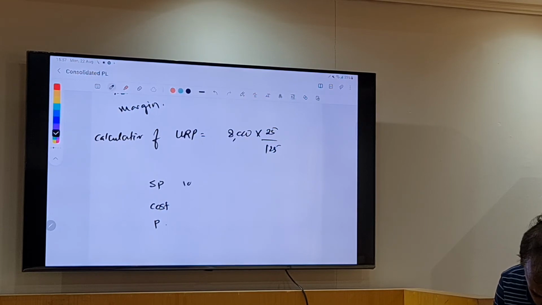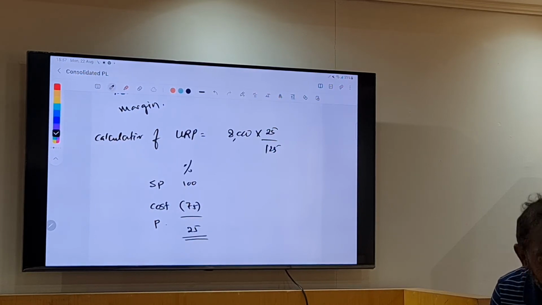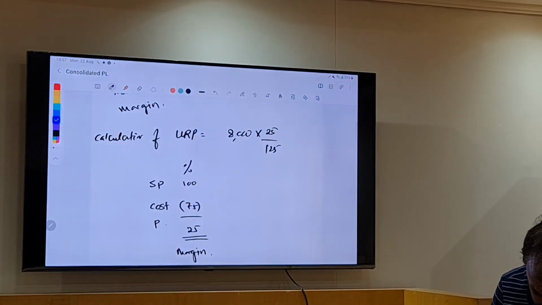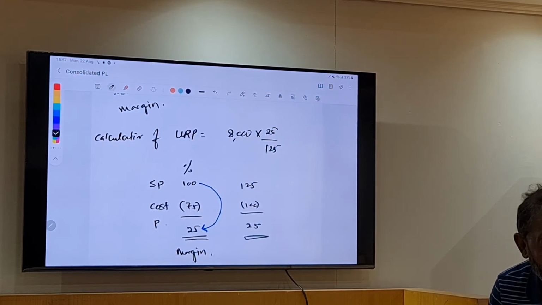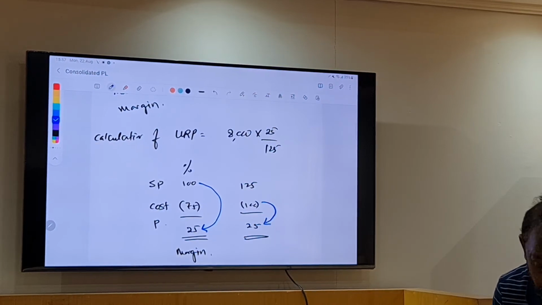If the selling price is 100 and the cost is 75, the profit is 25, and in percentage this is margin, when the profit is based on the selling price. On the other hand, if the selling price is 125, the cost is 100 and the profit is still 25, then when the profit is based on cost, that is markup.